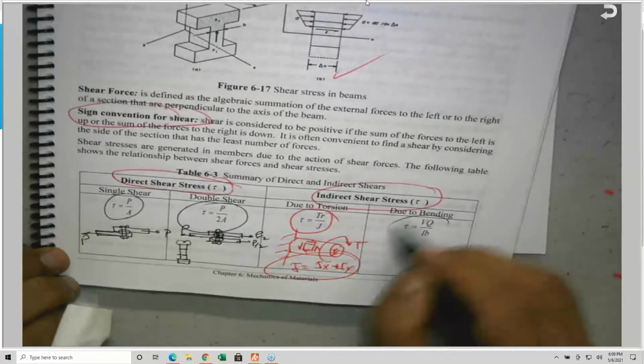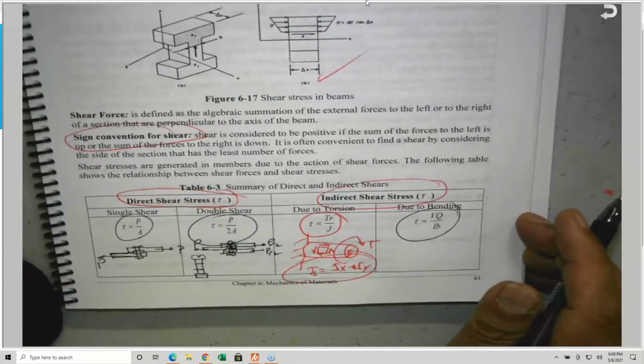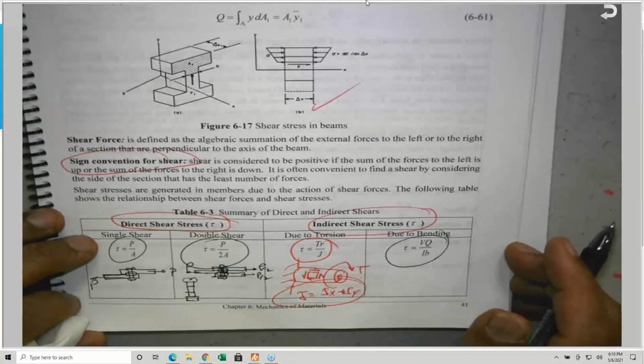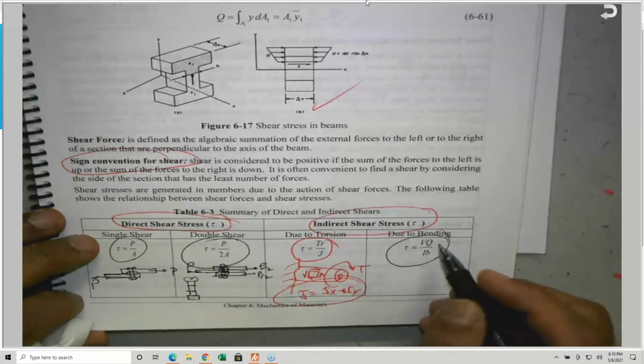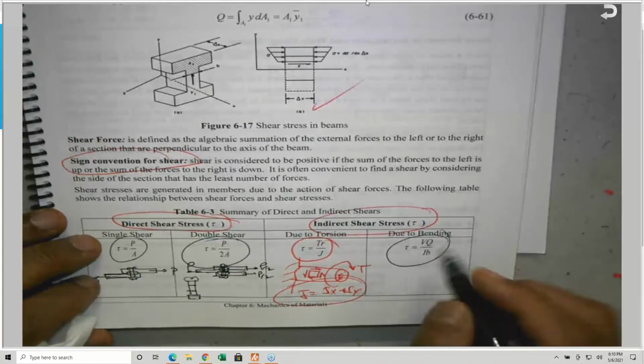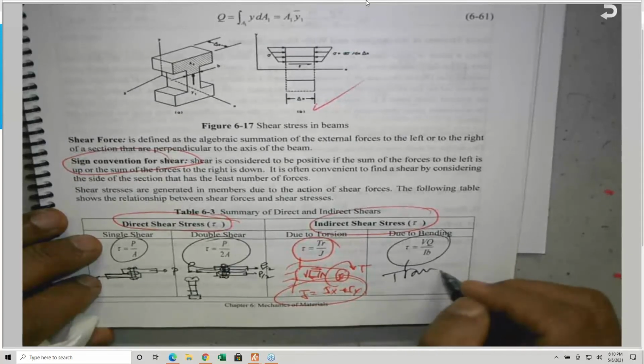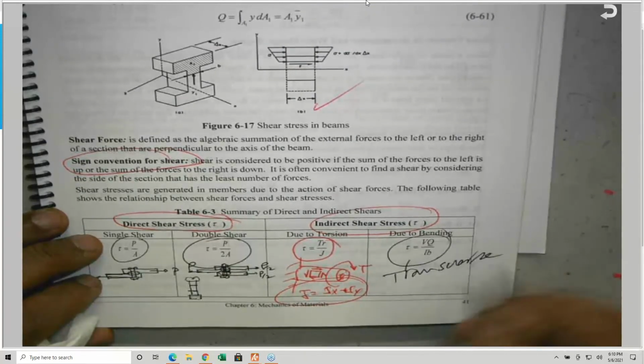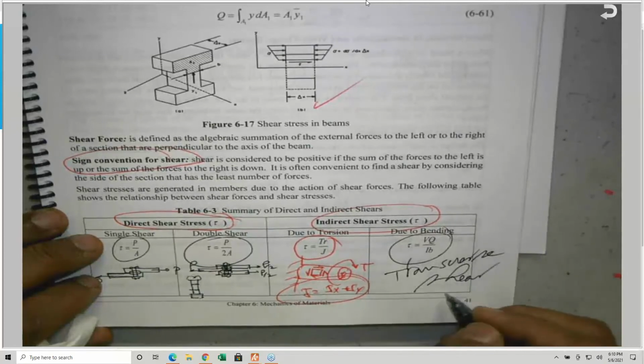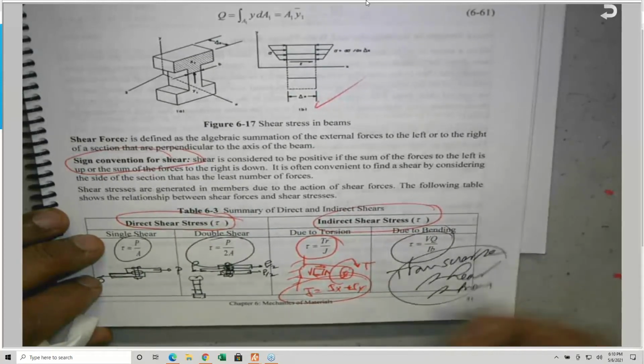The one in front of us right now is the transverse shear stress due to bending, which, as I told you, we call a transverse shear stress due to bending.